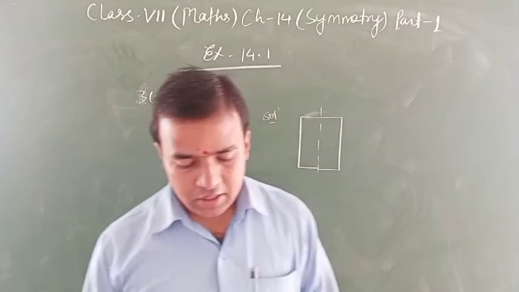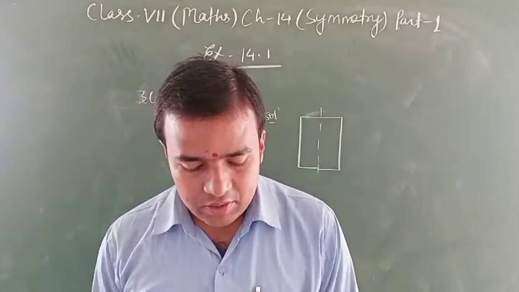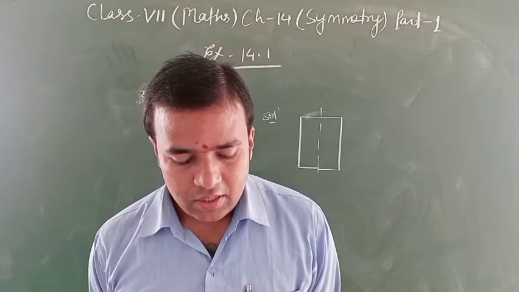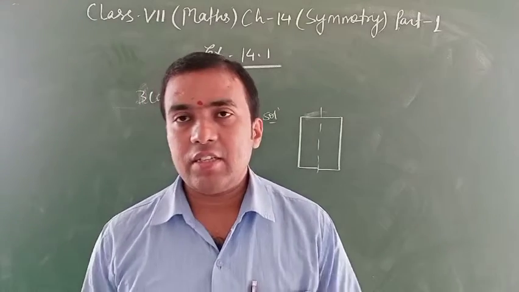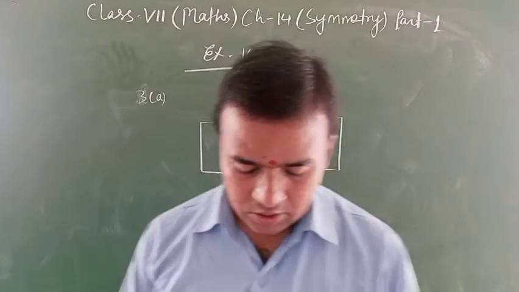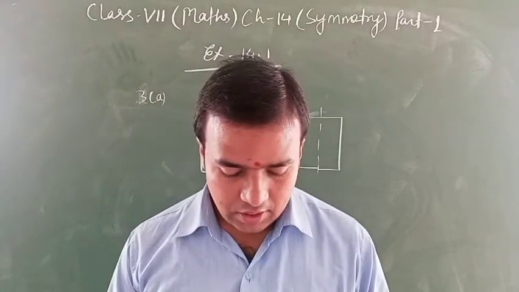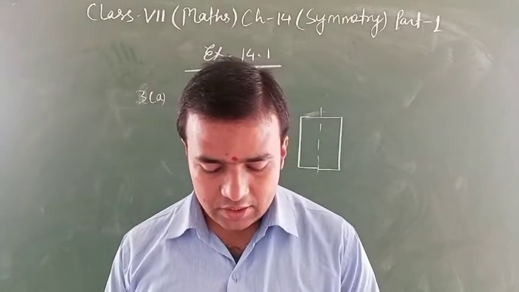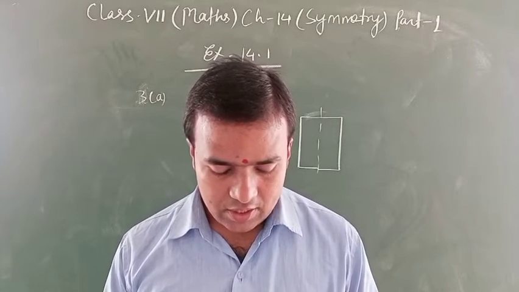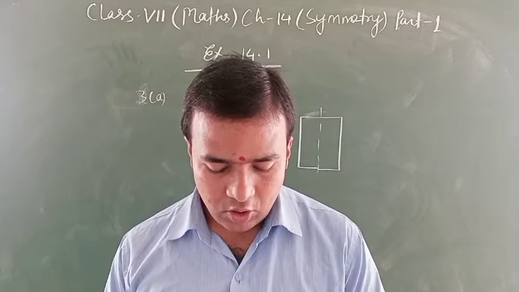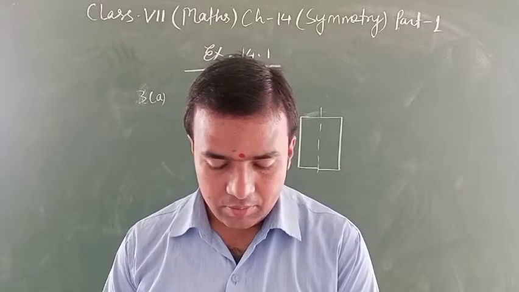Question number 7. State the number of lines of symmetry for the following figures. So an equilateral triangle, how many lines of symmetry? Then an isosceles triangle is asked, a scalene triangle, a square, a rectangle, a rhombus, a parallelogram.